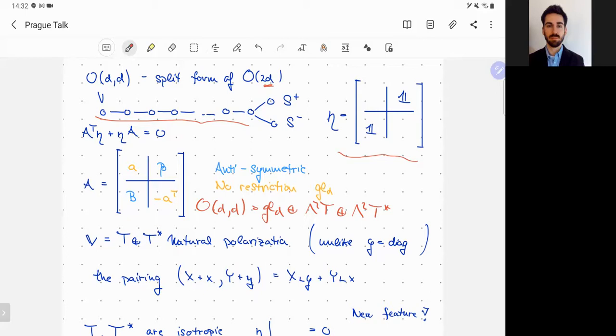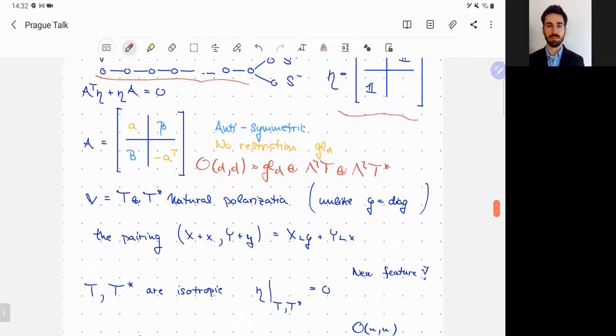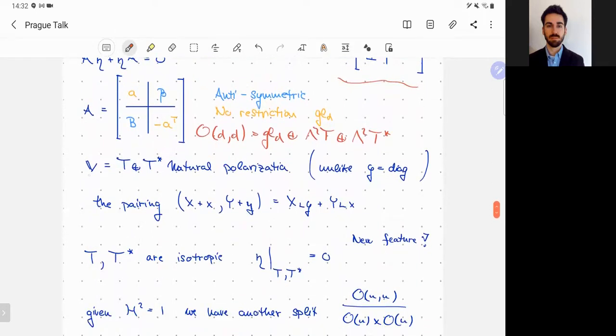So right, this is the O(d,d) with the GL(d) inside, and this GL(d) is the so-called right geometric subgroup, meaning that if we look at the fundamental representation of O(d,d), it splits under GL(d) into T and T star, which are the fundamentals of GL(d).